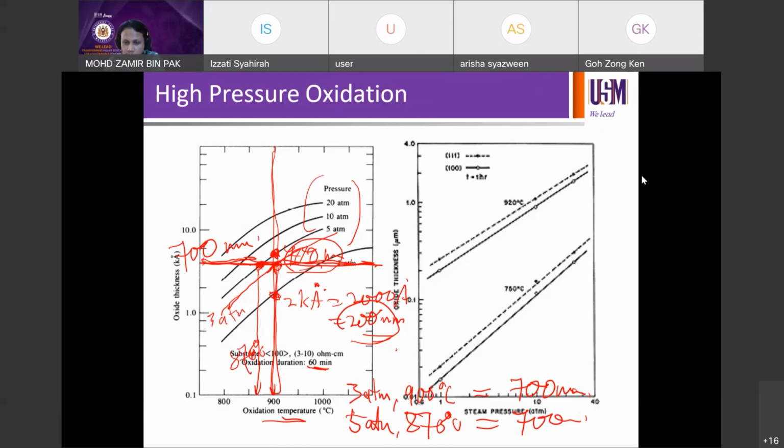Steam pressure, the x-axis is the steam pressure, the y-axis is the thickness. So let's pick at these perhaps 10. Roughly here. Then you're running at 920. It's clear. So let's look at the difference here.